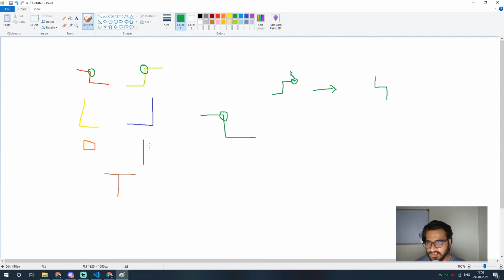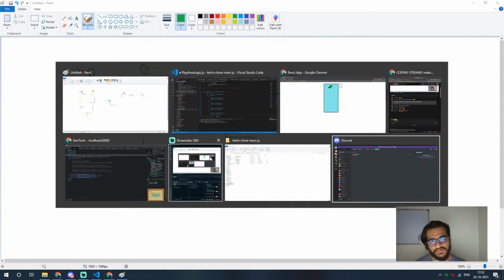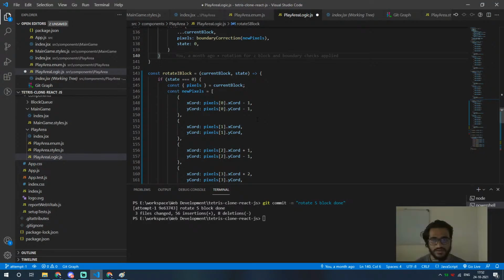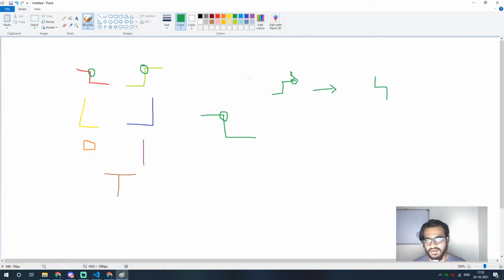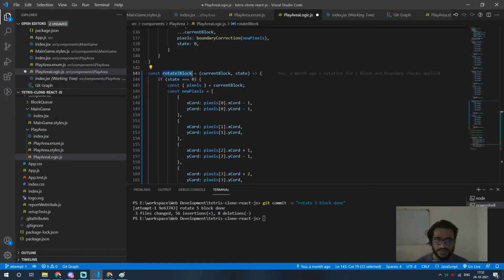So what I think is, while rotating, even though the result is like the I block, when the I block rotates, it rotates from horizontal to vertical, but there are 3 states.